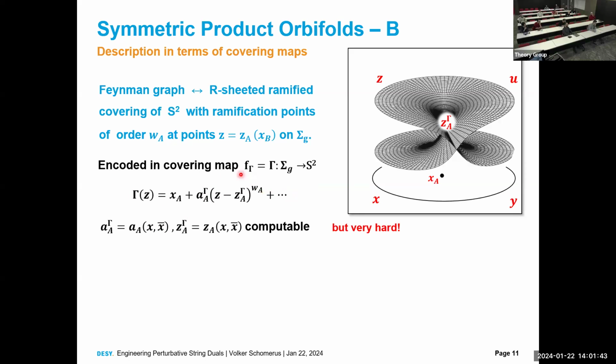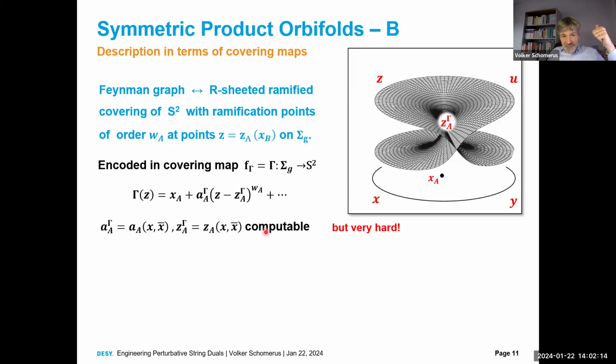It turns out that by this condition, this covering map has no free parameters. It's computable, up to some discrete choices. And so from the data that you give, you can compute both these coefficients as a function of the insertion points of the twist fields, as well as the position of the ramification point z_a on the Riemann surface sigma_g. So this is computable data, okay?